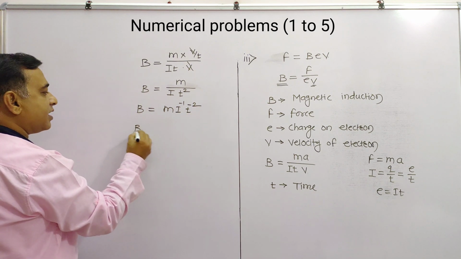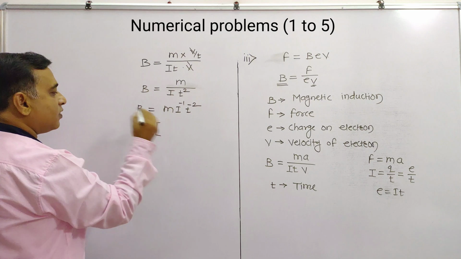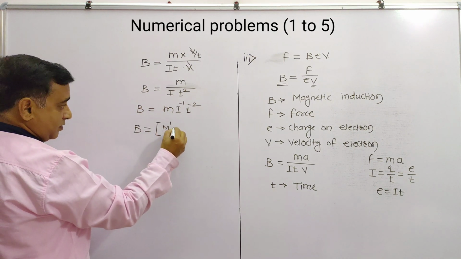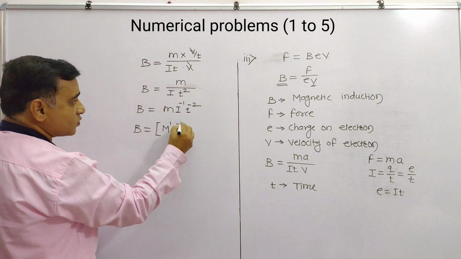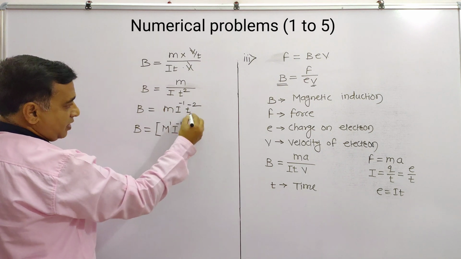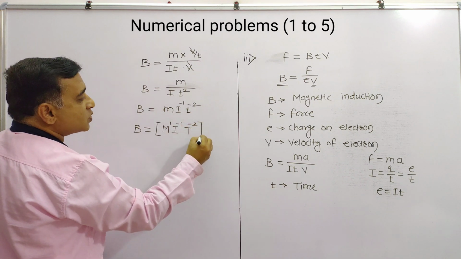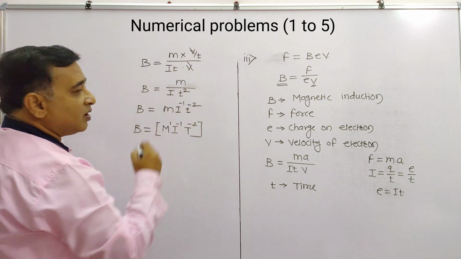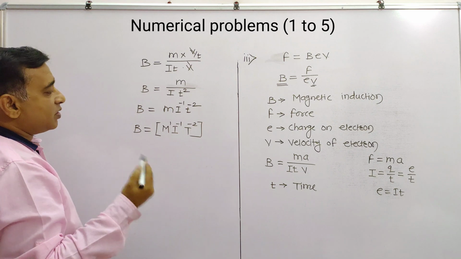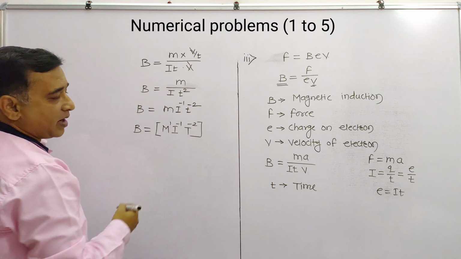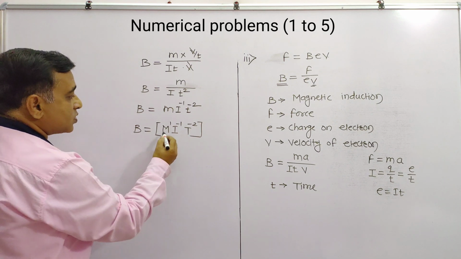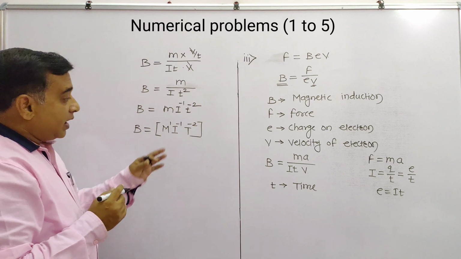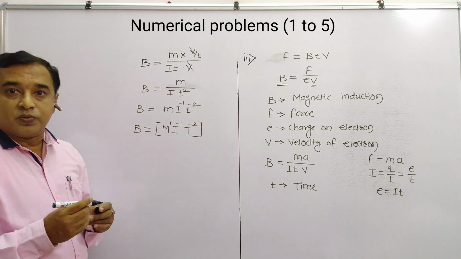So the magnetic induction is given in terms of dimension as m raised to power 1, I raised to power minus 1 and t raised to power minus 2. As per the dimension rule, the symbol of the physical quantity or physical units are always written in a square bracket in capital letters.